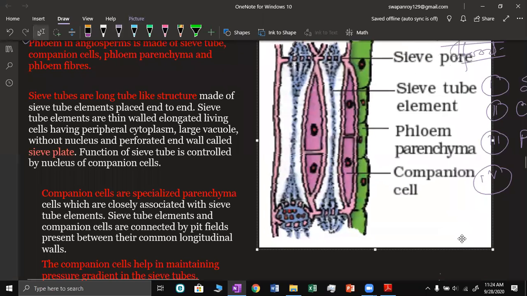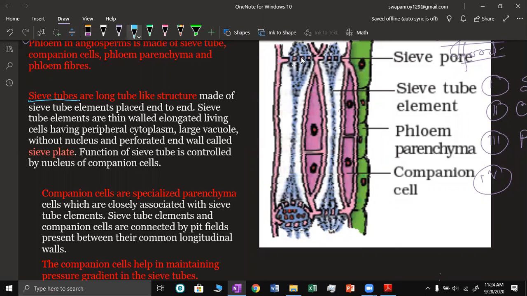Here is a diagram of the phloem tissue showing all the components of the phloem. The main component is the sieve tube. These tubes are very long tube-like structures made of many cells placed end to end.